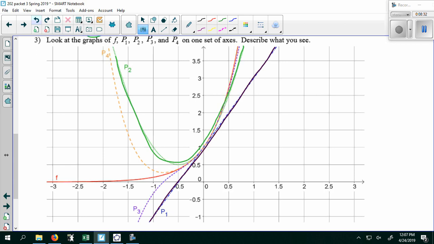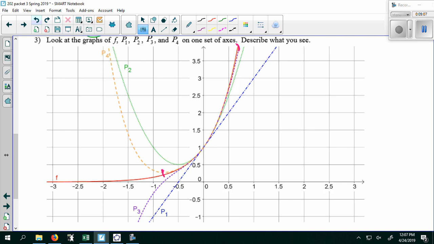So what we should notice about these is that near 0, all of them are a really good approximation if I'm really close to 0. But I can get further and further away, and you'll notice that the orange quartic starts approximating the red function much further away from 0 than anything else. It continues to approximate the red function for a really long time, like all the way up until here.